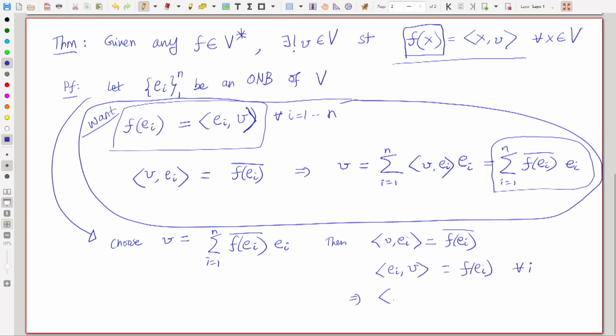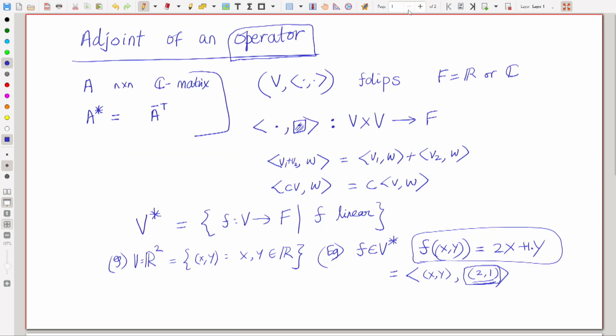In particular, this means the inner product of x with v is f of x for all x. That is because I have proved that this is true for all basis vectors, therefore it is automatically true for all vectors just by linearity. It is enough to prove for a basis. So this is the proof, and it is more or less what we saw intuitively in this example.